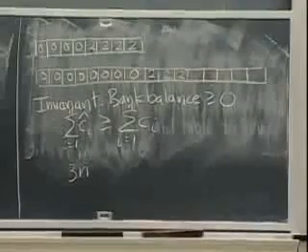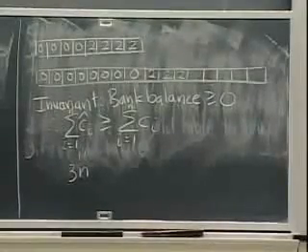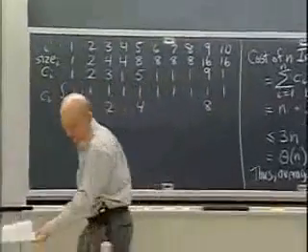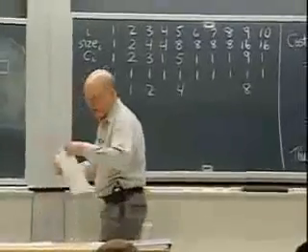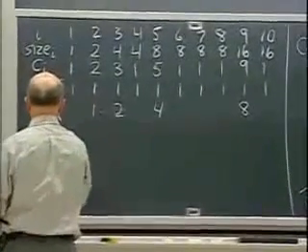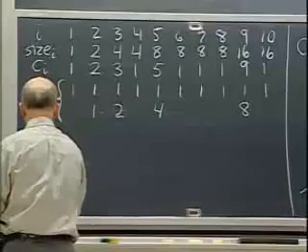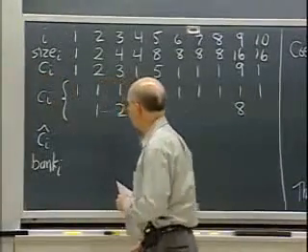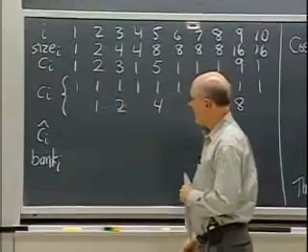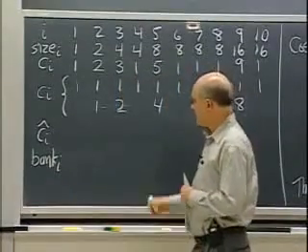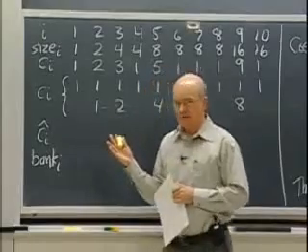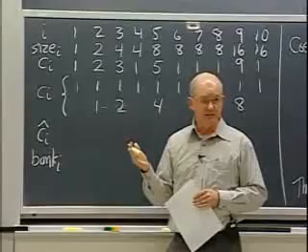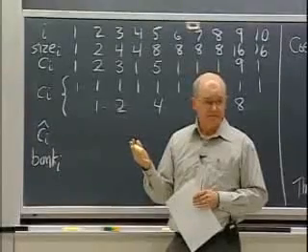Okay? So let's go back to this table here and look to see what happens. Okay, if I put in c sub i hat and the bank balance. Okay? So in fact, the first thing I do is insert, I charge $3, right?